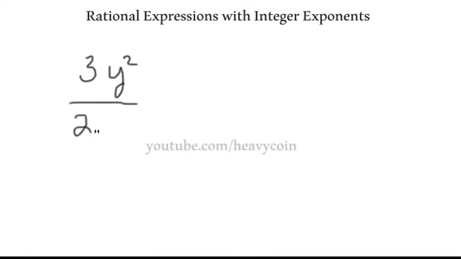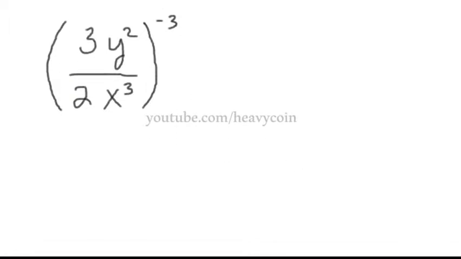I always forget it. 2x to the third, and it's all raised to the negative third. Okay, so we're going to take this negative 3. Actually, okay, there was a shortcut.